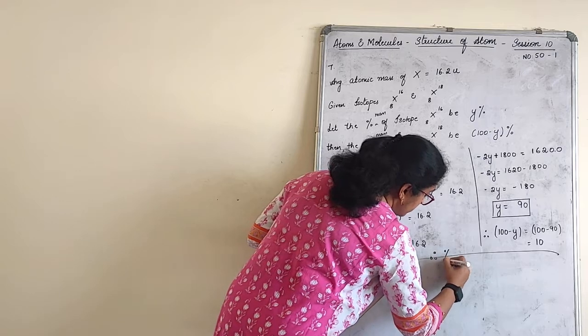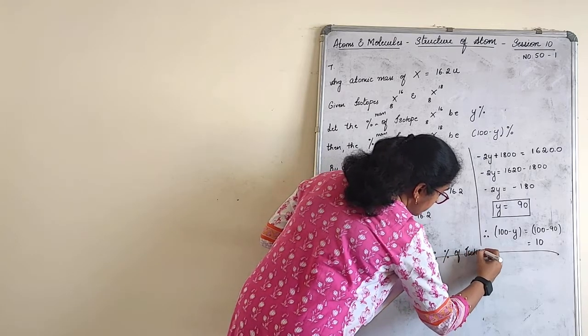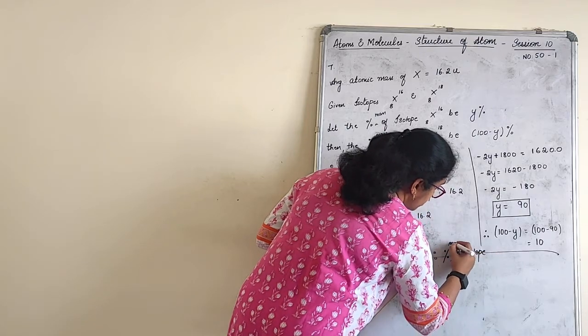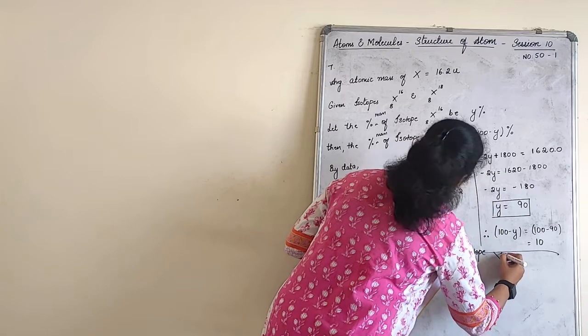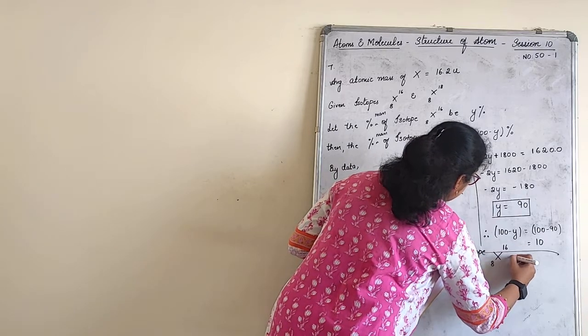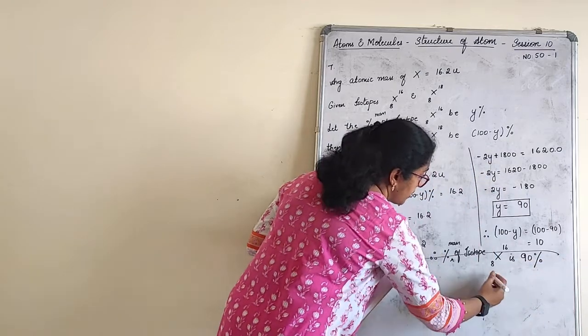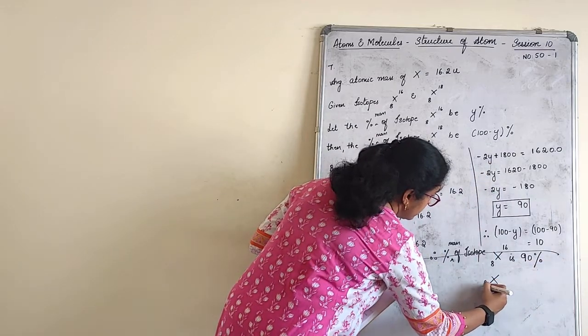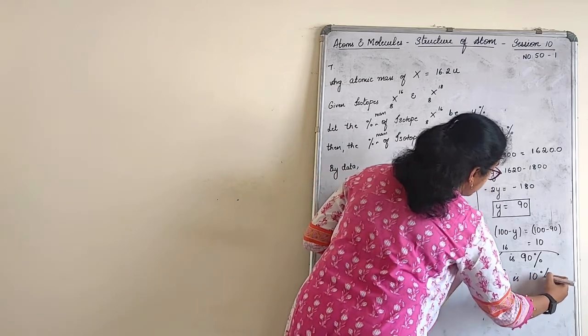Therefore, the percentage of isotope X 8 by 16 is 90%, and the other one, X 8 by 18, is 10%.